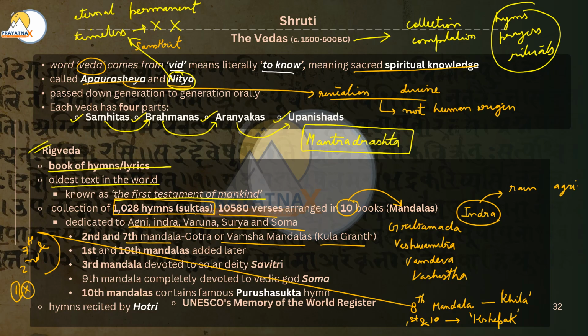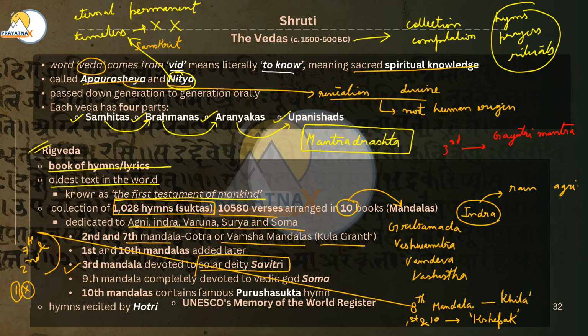Another important thing here is that the third mandala is devoted to the solar deity Savitri. The third mandala also consists of the Gayatri mantra, which is dedicated to the sun god.